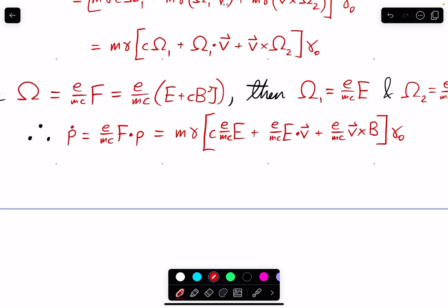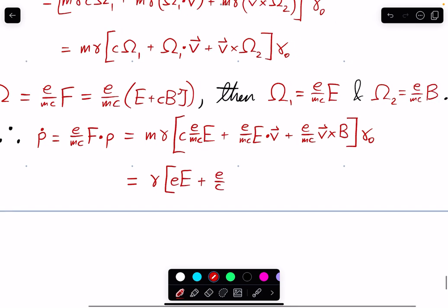And if I fully cancel out all the terms, the m cancels here, the c cancels here, the m cancels here and here. We end up with just gamma times E plus E over C. Oh, sorry, hang on one second.